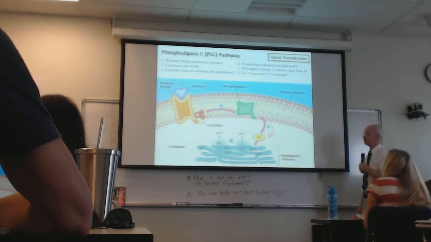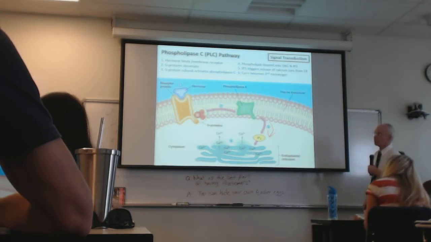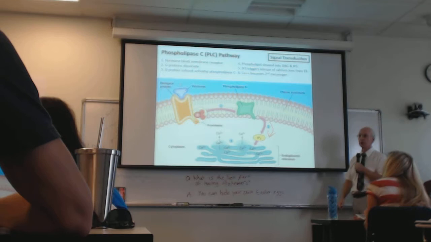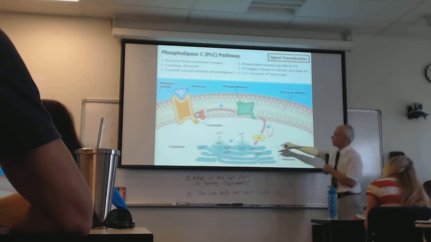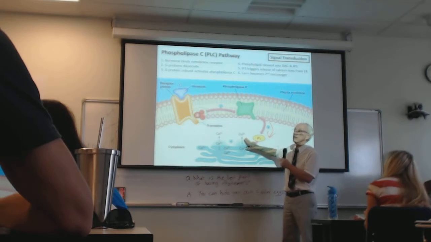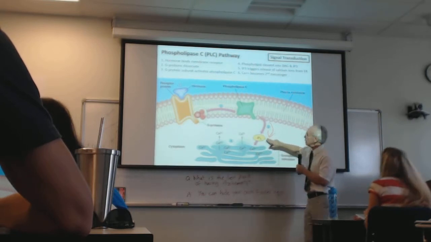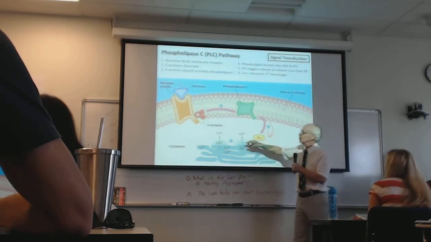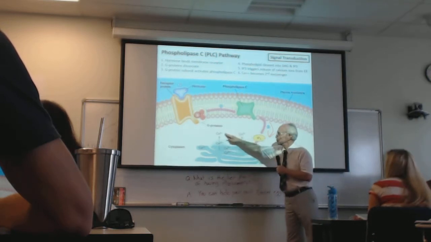So you said IP3 and DAG, but then this one is calcium. Yeah, that's what I was quibbling about before. Yes, remember my qualifying, the way I was going to back out of it, is I said that IP3 will still be a second messenger. It's just that in some cases, most of your textbooks will call this a second messenger too.